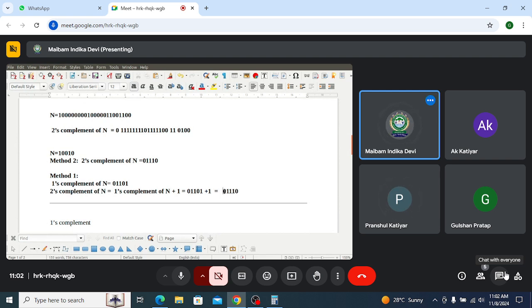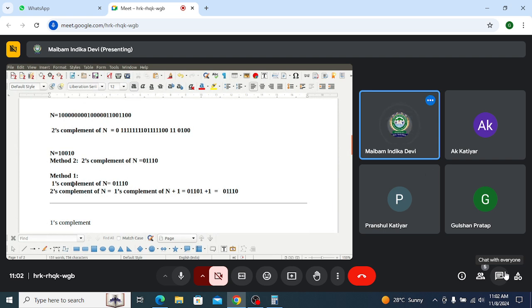Oh, something is wrong. 1 plus 1 is 0. Oh, here I have by mistake written the value of n; the first should be 1, 0, right?